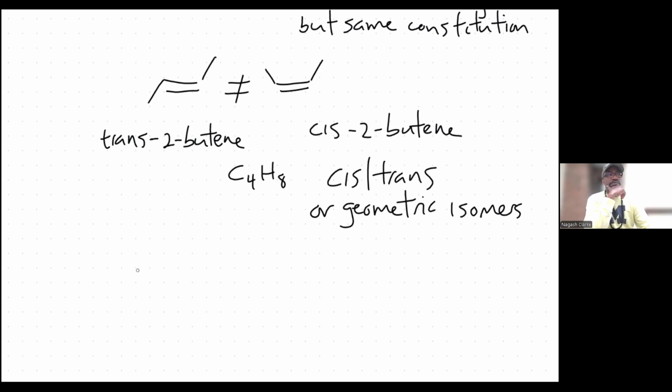Okay. So there are different ways to look at stereoisomers. So for example, we can have what we call enantiomers.